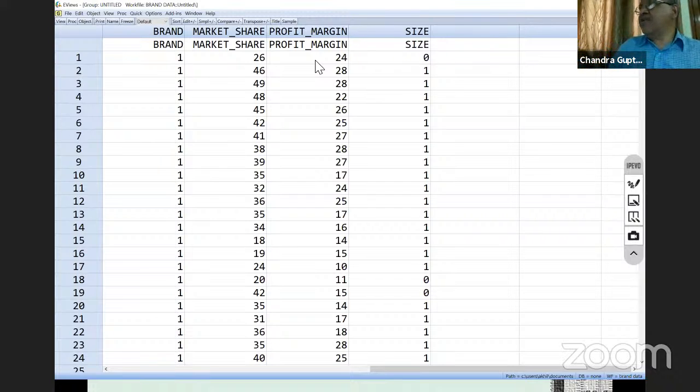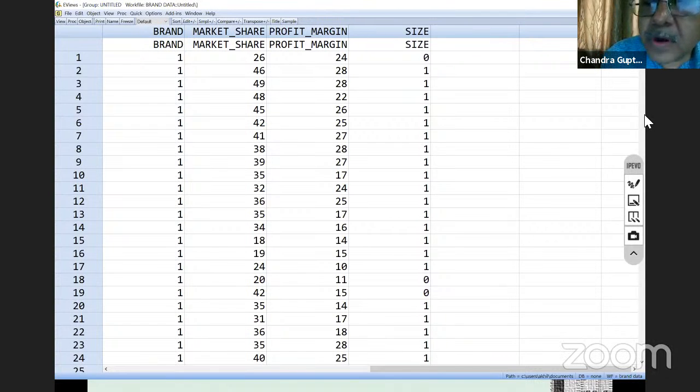The factors we are considering here for the determination of this brand are as follows: the market share of the company in the market, profit margins, and the size, whether the company is a big company or a small company.